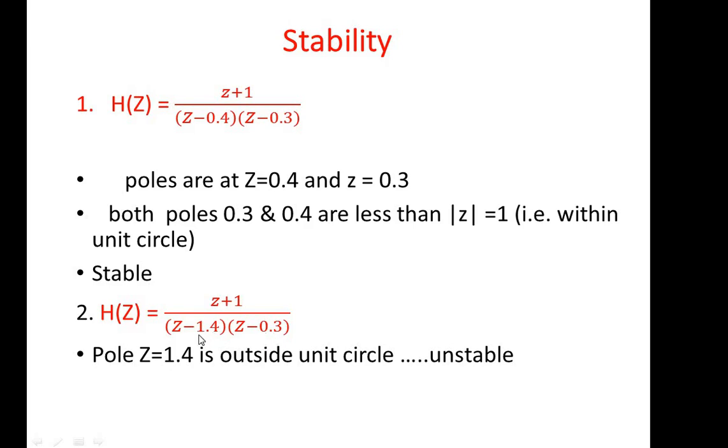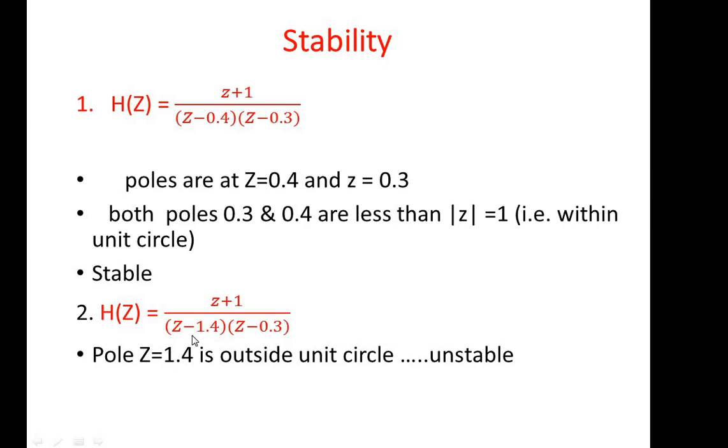But with respect to 1.4, it will contain the unit circle. So this system will become stable only if we make the ROC for z minus 1.4 anti-causal and for z minus 0.3 causal. Then 0.3 will include the unit circle, and also 1.4 will include the unit circle.